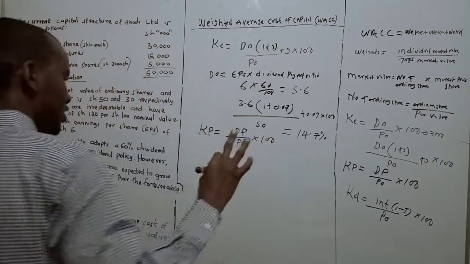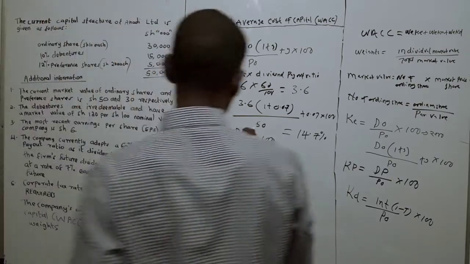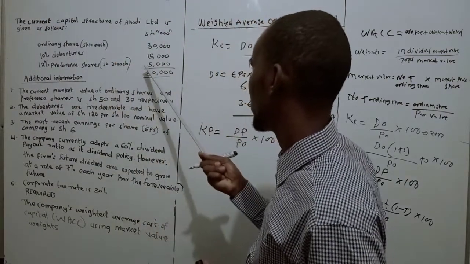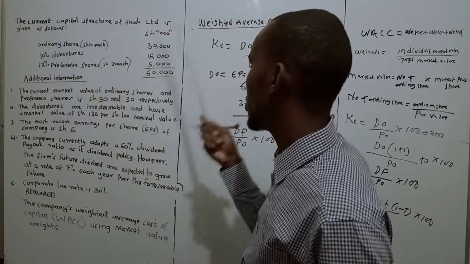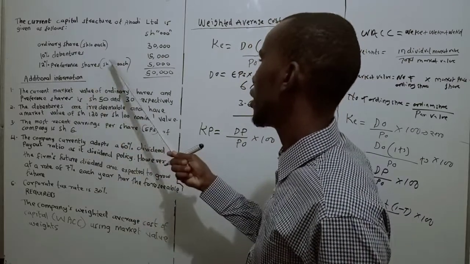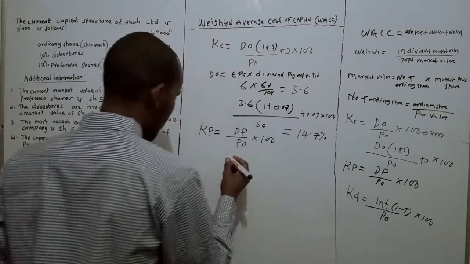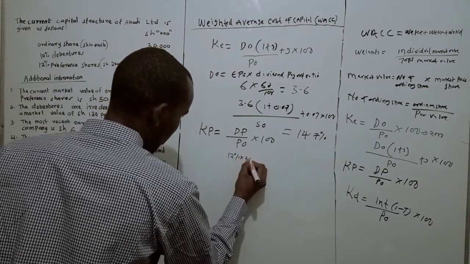The growth rate does not affect the preference share. The dividend per preference share we get from the structure: 12% of the par value, which is 20. So our DP is 12% times 20.